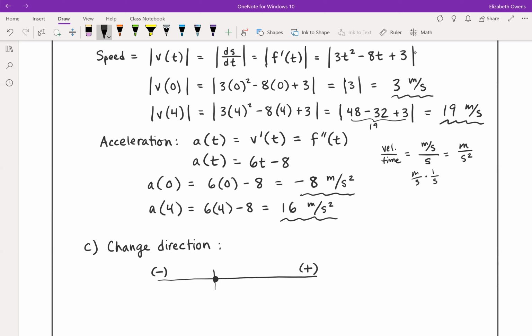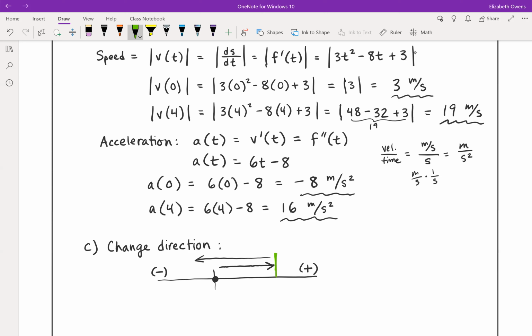If we're looking at a change in direction here, we would see our object moving this way, and then it's going to turn around and go back the other way. Now, what happens right here at the turnaround point is that even for just the tiniest of moments, the object has to stop moving forward in that direction.